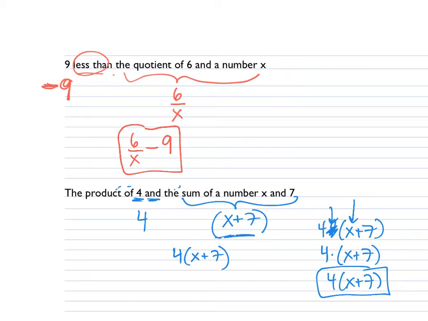And be careful here, the x plus 7 has to be in parentheses because you don't want to just write this as 4 times x plus 7 right next to each other. That's a totally different thing, because now the 4 is only being multiplied by this x and not the 7 here. So make sure you don't forget your parentheses. That's something I see a lot of mistakes on. So careful with that. Because 4 is multiplying this whole thing, not just the x.